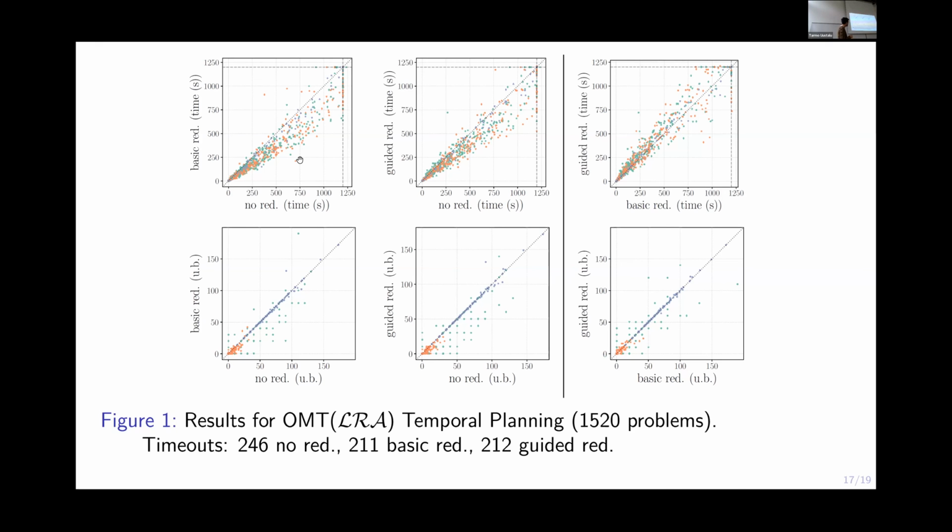You can see that there are a lot of points below the bisector here, which means that using either of the reduction, we obtain a better optimum in the time limit with respect to not using the reduction. In this set of benchmarks, there is no clear winner between the two reductions. So also the basic one works well.